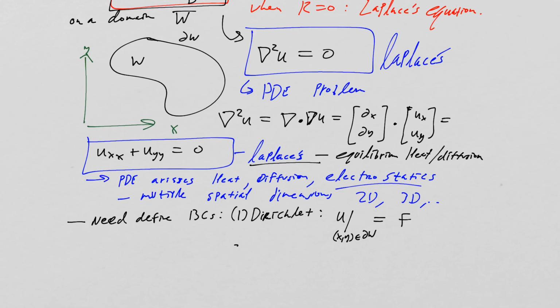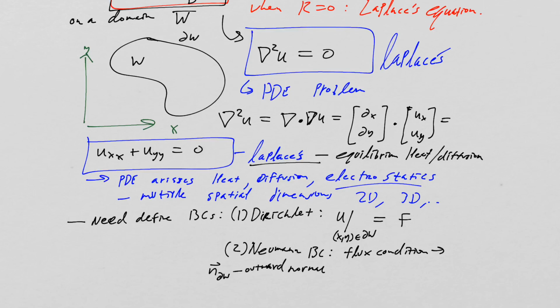And the second type of boundary condition is called a Neumann boundary condition. And it is a flux condition. So it's going to be of the following form. We have n on the boundary of W. That's the outward normal. And so I'll even write that outward normal on here. I'll just abbreviate it as N. You get the idea.